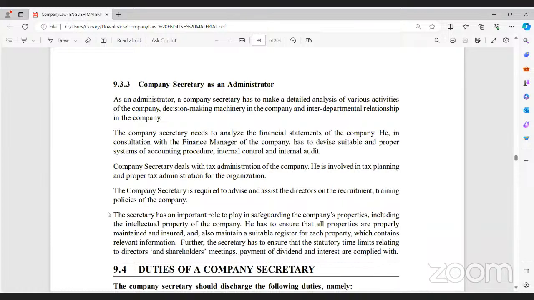Each department's individual targets may be different, but collectively all the departments work towards the achievement of the objectives of the firm. Every firm will have some objectives. So whatever the number of people and departments, all these efforts are towards the achievement of the common objectives of the firm, right?